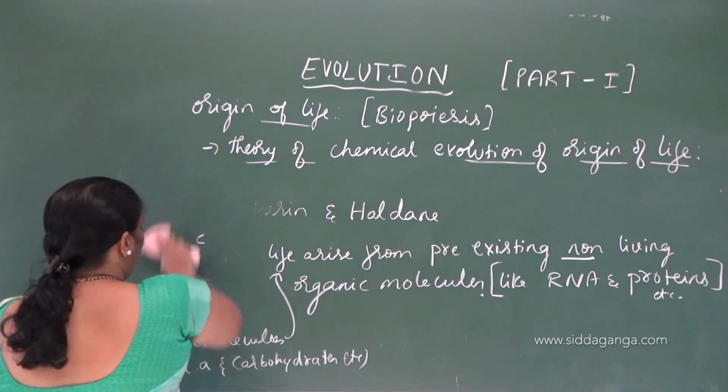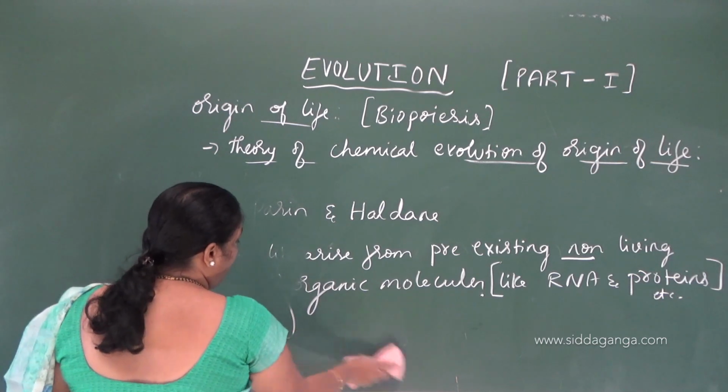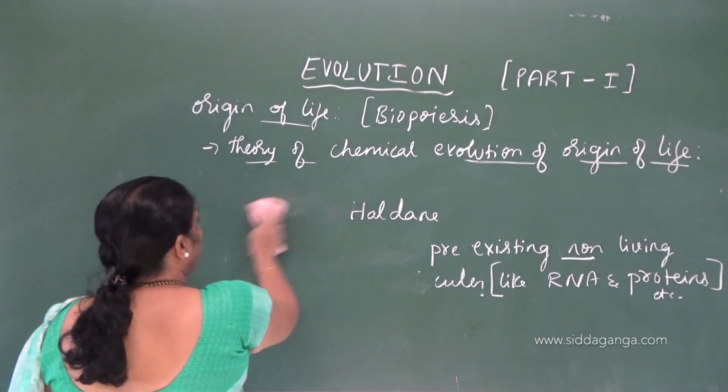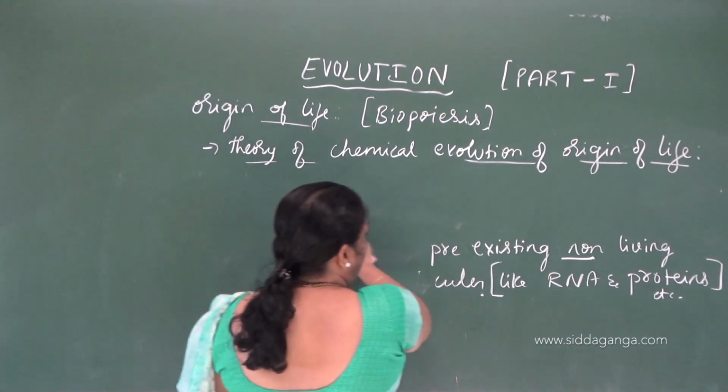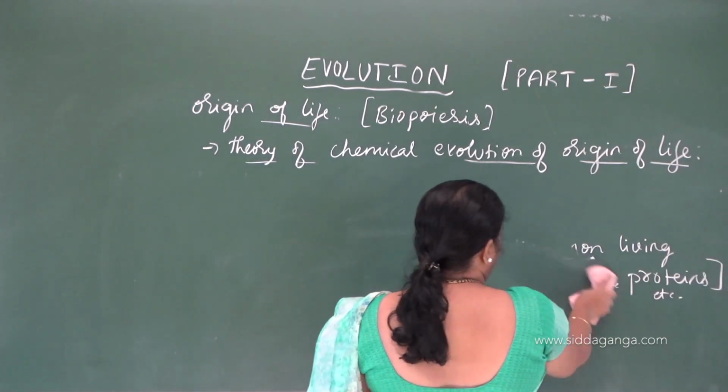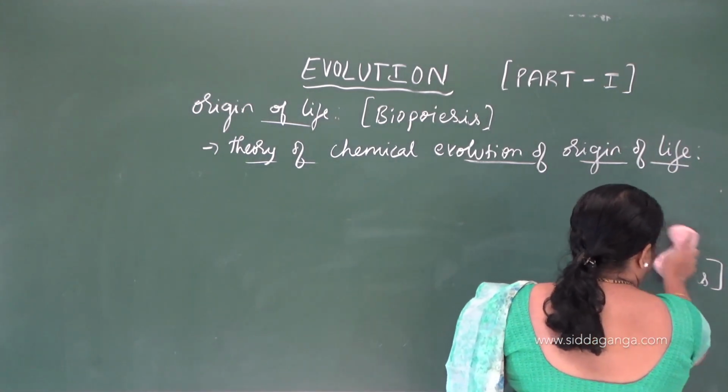So this chemical evolution theory was proved by an experiment done by Stanley Miller and Harold Urey.